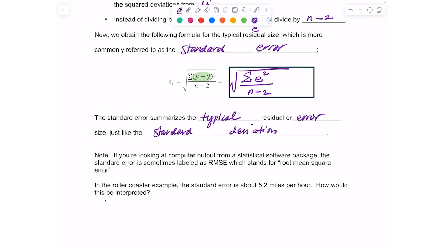So let me give you an example of how we would interpret the standard error. In the roller coaster example that we looked at earlier, the standard error is about 5.2 miles per hour, okay?